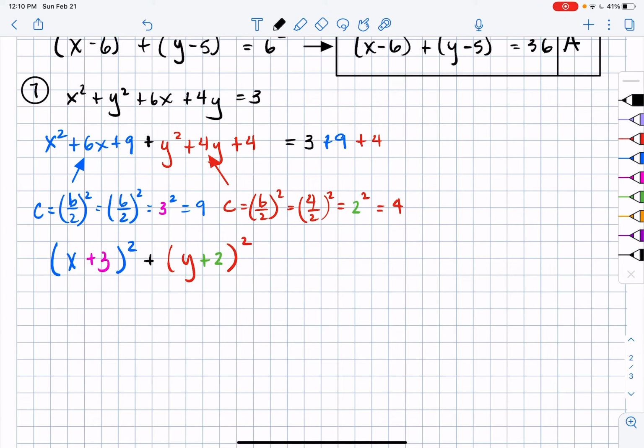And that's going to equal 3 plus 9 plus 4. 3 plus 9 is 12. 12 plus 4 is 16. Okay? So that's exactly what we do.